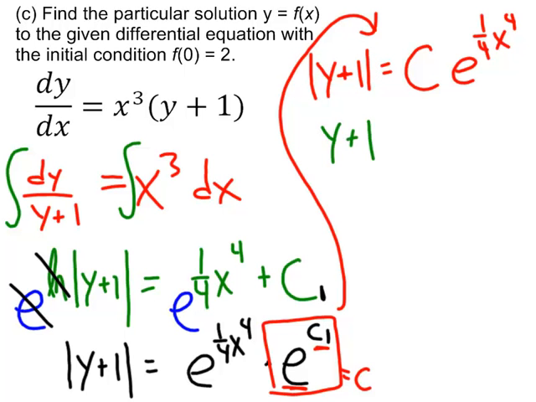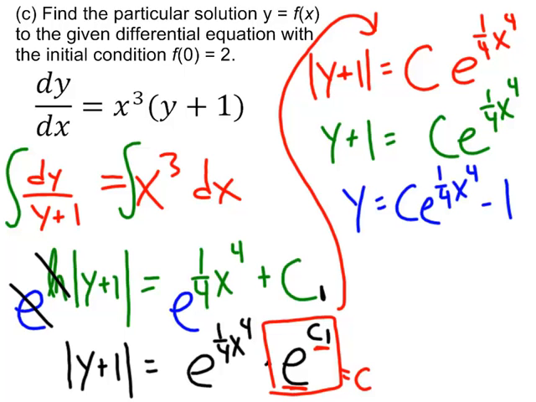So we'll put the plus or minus C e to the 1/4 x to the 4th. But I also then followed up with an argument that said, since C here represents any arbitrary constant, positive or negative, the plus or minus was redundant. So in actuality, we can do away with the plus or minus in this particular context. We subtract 1 from both sides. Bam! Don't you wish you could make answers appear that quickly?